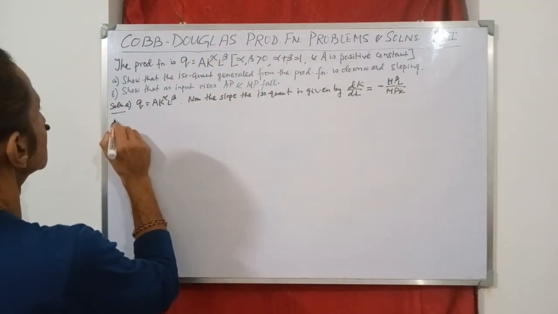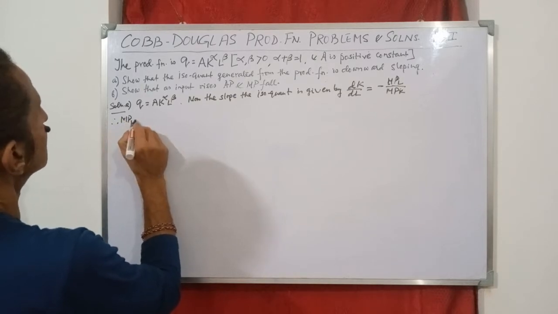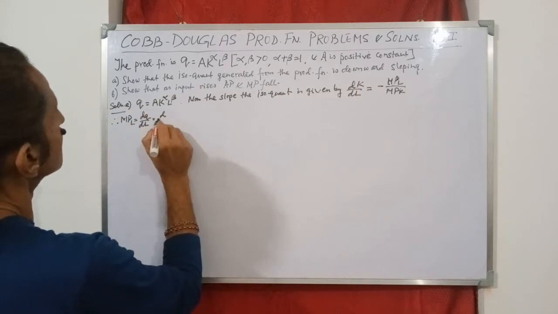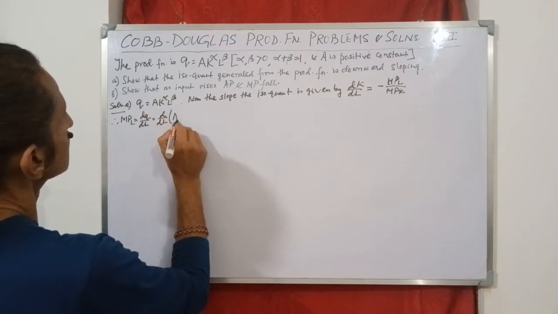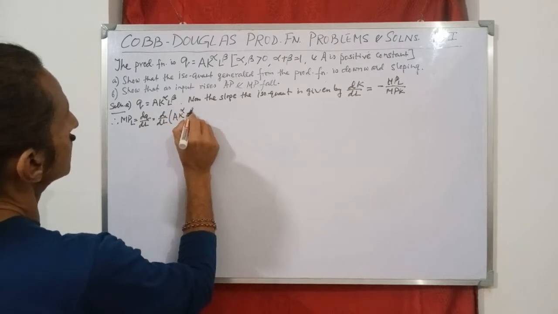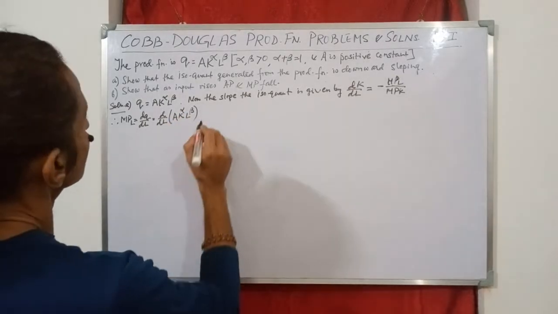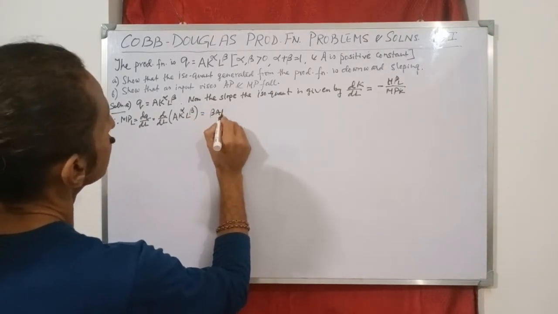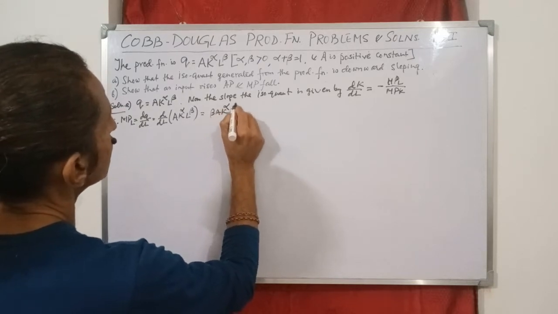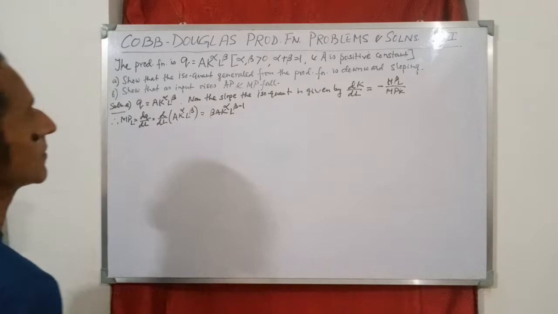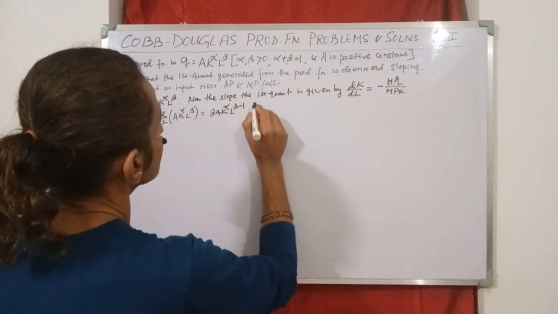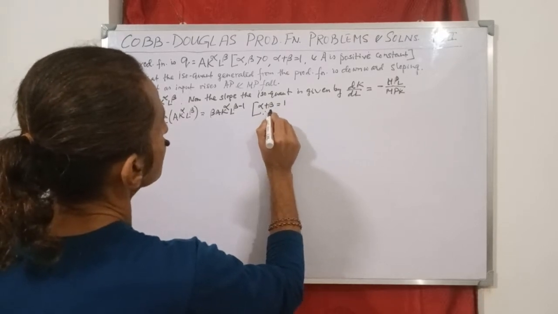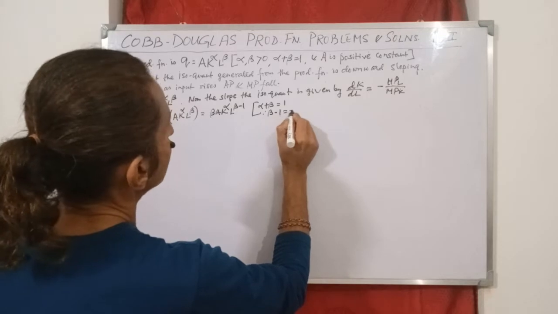Therefore, MPL equals dQ/dL equals d/dL of this function A K to the power alpha, L to the power beta. So this becomes beta A K to the power alpha, L to the power beta minus 1. Now alpha plus beta equals 1. Therefore beta minus 1 equals minus alpha.